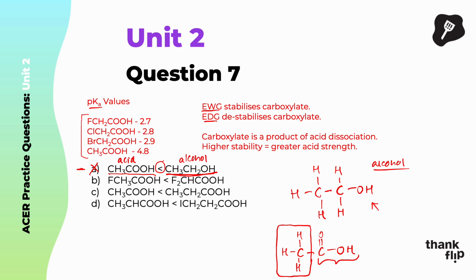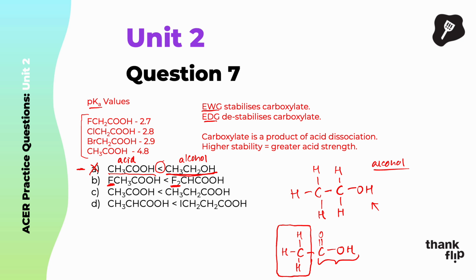Then looking at the second option, we have this molecule here. So that is fluorine. So fluorine, if you know, is highly electronegative. And so this molecule here has one fluorine, whereas this molecule here has two fluorines. And otherwise, it's pretty much the same other than the number of hydrogens, but that's not going to make much of a difference.